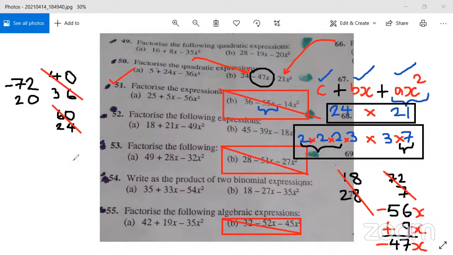So we'll have 24. So let's write 24. Let us write the minus 56x. Beside that, we will have a positive 9x. And then after that, we will have a 21x squared.